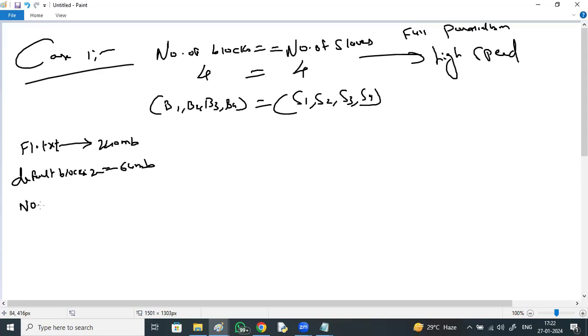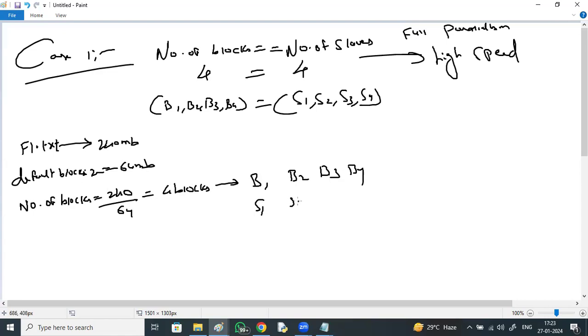Into how many blocks is it divided? File size by default block size: 240 by 64, which is 4 blocks: B1, B2, B3, B4. B1 is stored in S1, B2 in S2, B3 in S3, B4 in S4.